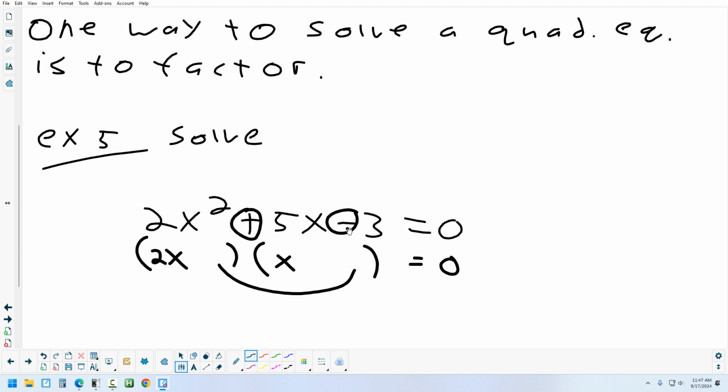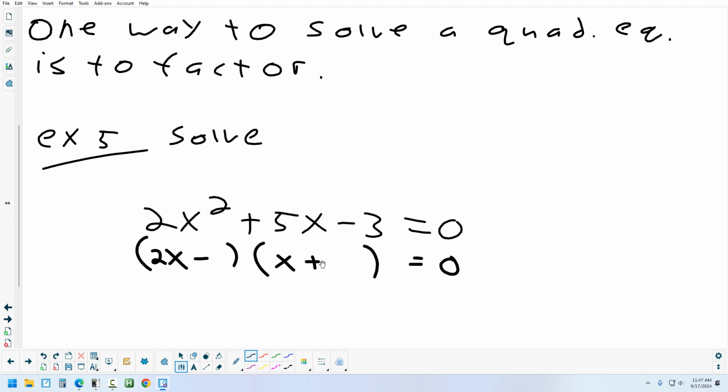It does have to be a positive and a negative. And it makes a difference which one we put where. If you're not sure, well, you can guess. But I would suggest negative, positive. If they're wrong, you switch them. And now we need 2 numbers that multiply to give me a 3. And again, 3 is prime. So what can we multiply to get 3?